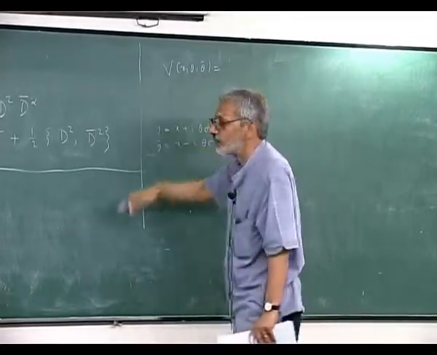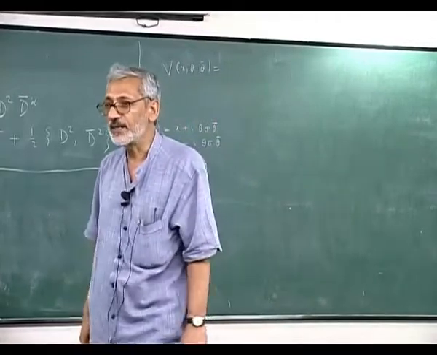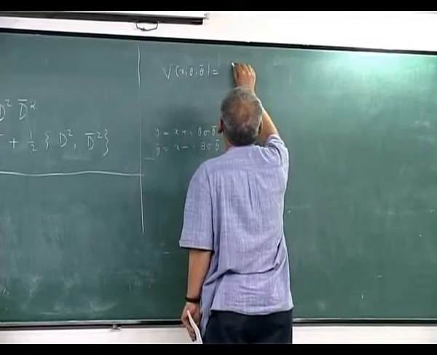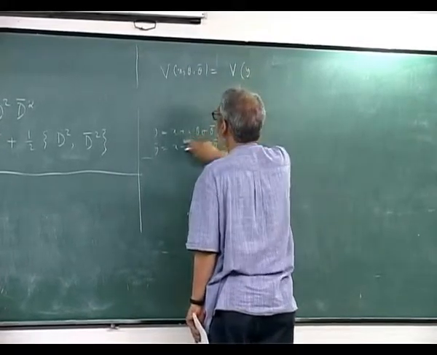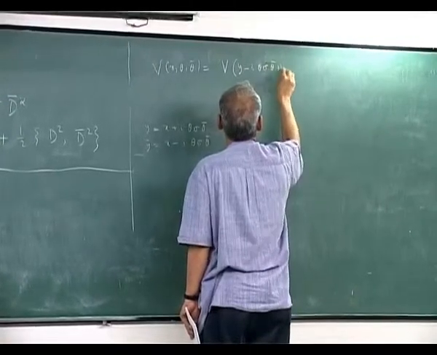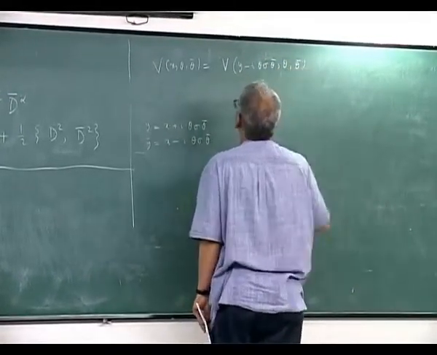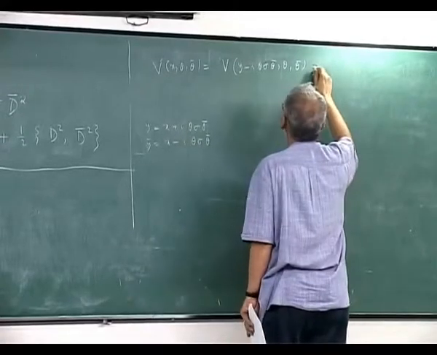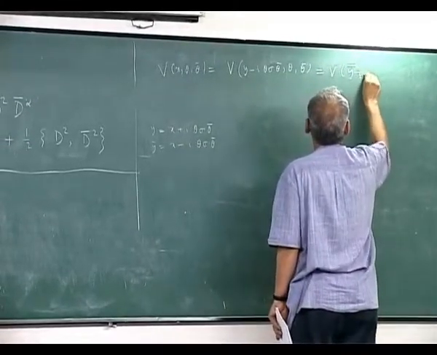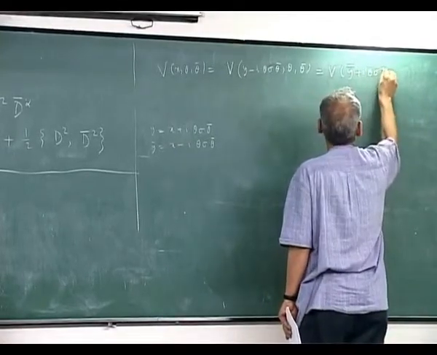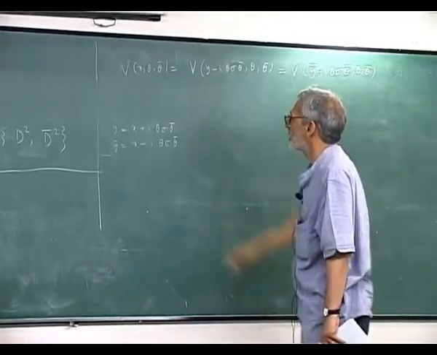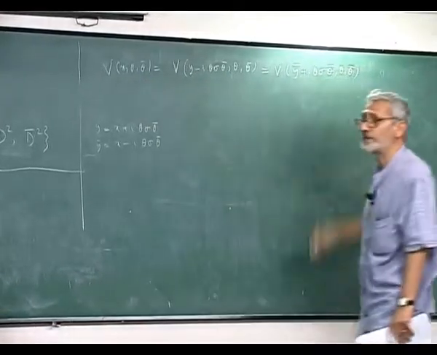The expression of V that I rubbed off, maybe it's in your notes, let me rewrite that as a function of y. So x is y minus I theta sigma theta bar. X is also equivalently y bar plus I theta sigma theta bar. So I can write V of x in this particular way.